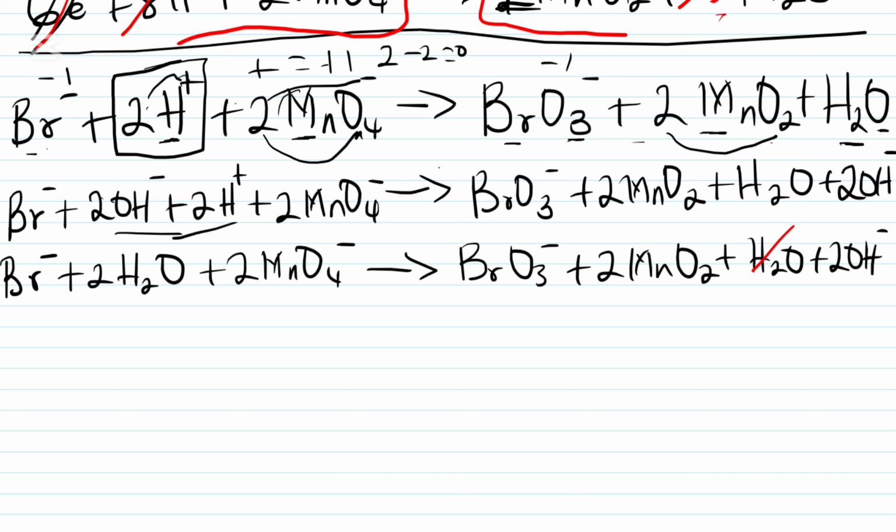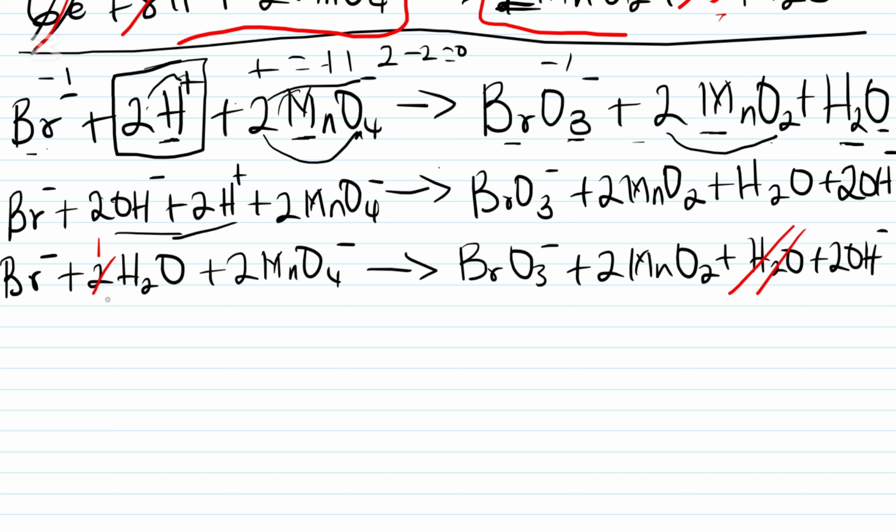Remove what appears on both sides. When we cancel this one, we cancel the 2, and we have a 1 left. Always remember to cancel what appears on both sides. As we've cancelled the H₂O, we remove 1, and we're going to be left with 1 here.